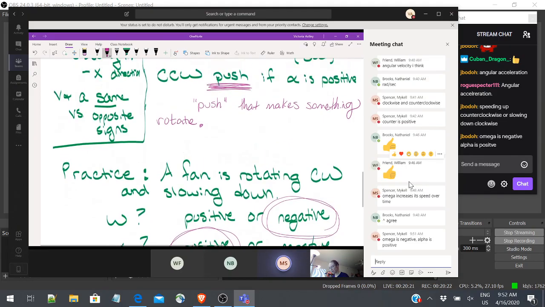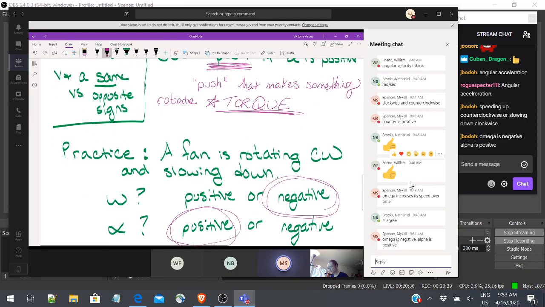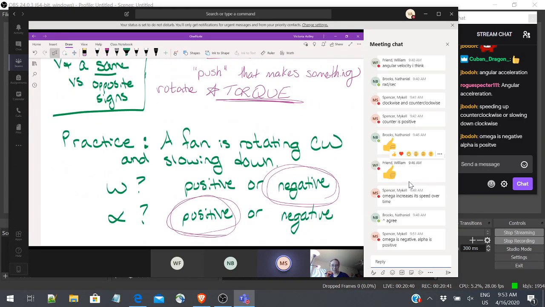So we're going to talk about what this is a little later, but that is specifically a torque. It's a push that makes something rotate. And the specific definition really is a force that is applied off axis.